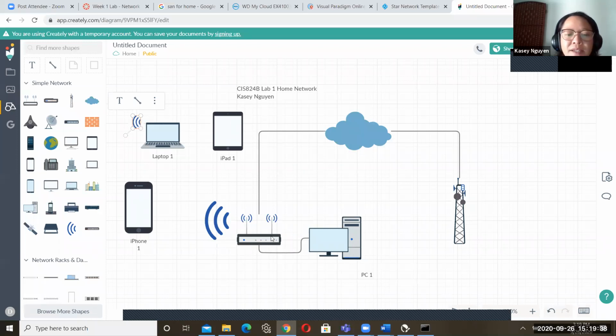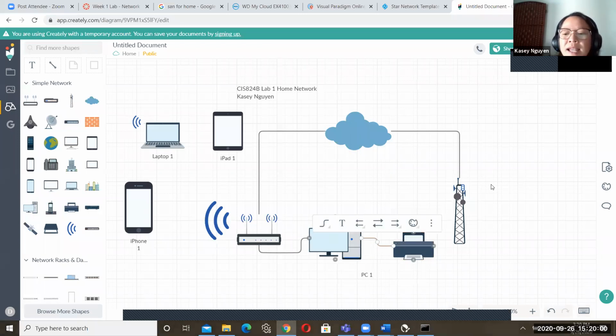And this one can broadcast out to all of them, so it could be one to multiple points. They're all peers, so they're peer-to-peer. And then we can add a printer. We can attach this printer to our PC like this. Okay.